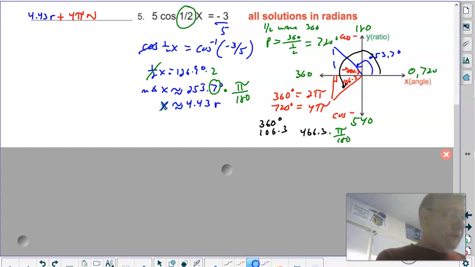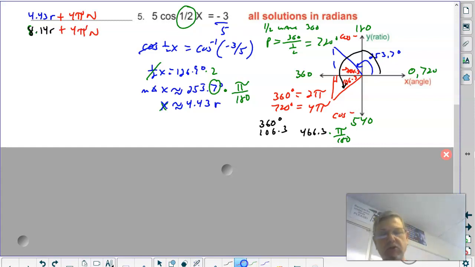So 466.3 times pi divided by 180, and I get 8.14 radians. And then again, to account for the period, plus 4 pi n. Now we have all solutions in radians for this trigonometric equation.